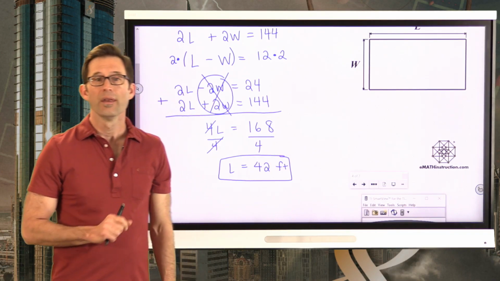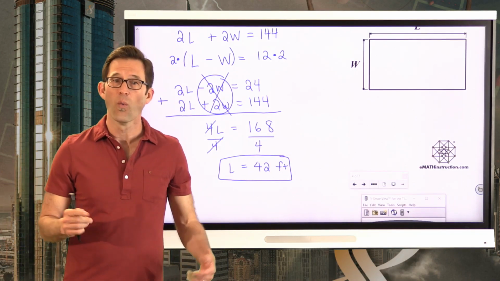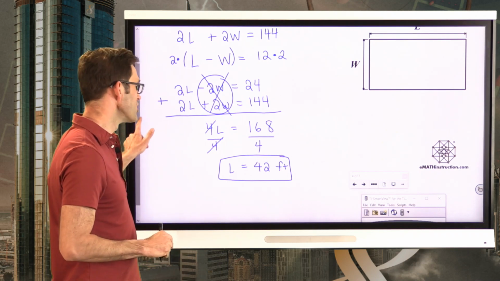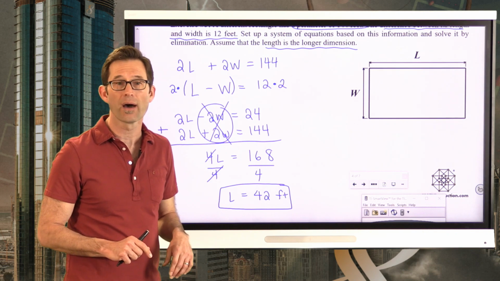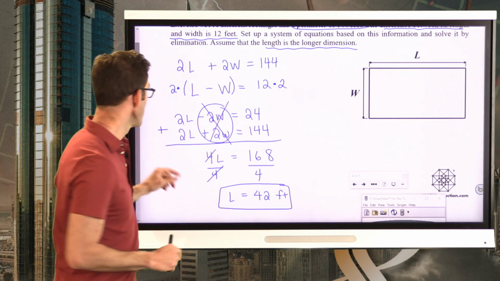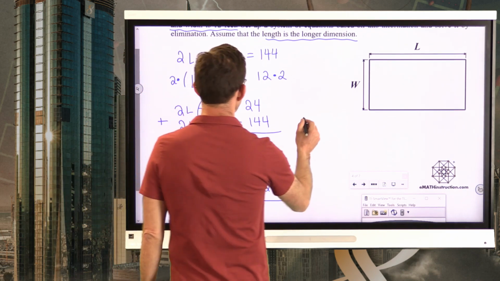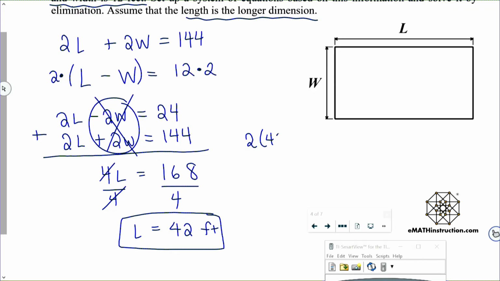Now, obviously, I still have to figure out what my width is. I need to just take that 42 and substitute it into one of these two equations. I think I'll go with the first equation. That's going to give me 2 times 42 plus 2 times the width is equal to 144.